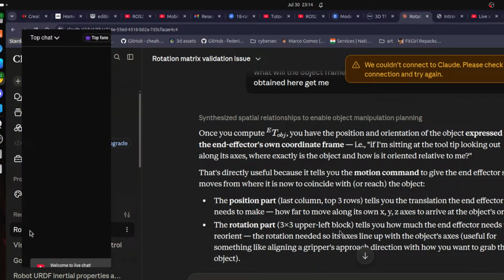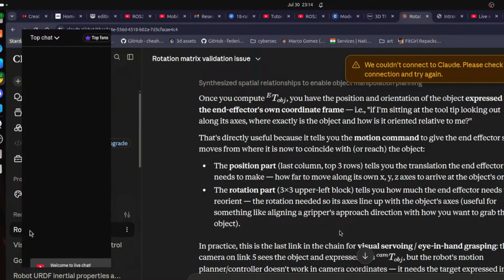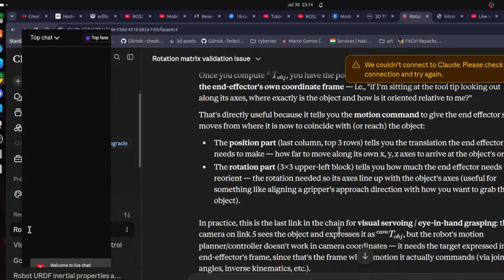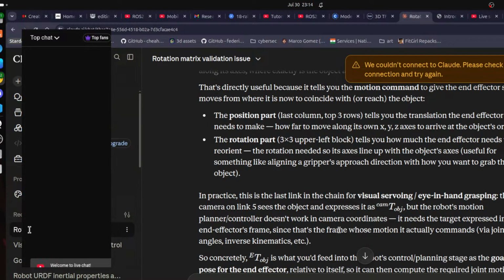It tells you the motion command to give the end effector so it moves from where it is now to reach the object. The position part tells you the translation the end effector needs to make. The rotation part, oh. Well, the translation makes sense.